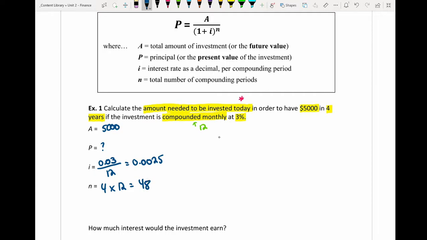Now that we have everything filled in and we know what we're looking for, we can use our present value formula. P equals A divided by 1 plus I to the power of N. A equals 5,000 divided by 1 plus 0.0025 to the power of 48.